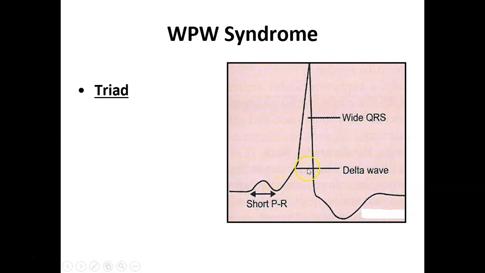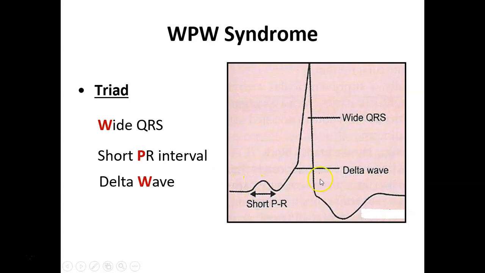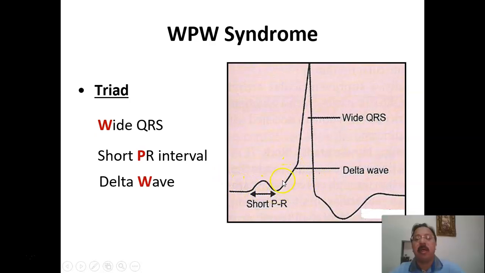So we will get wide QRS complexes, or there is a notch which is called the delta wave. It's because of the early depolarization of the ventricles, and then this impulse combines with the normal impulse coming through the AV node, and we get the big QRS complex. So WPW syndrome has three components: a wide QRS complex, especially at the base, a short PR interval, and a delta wave, that is slurring of the upstroke of the QRS complex.